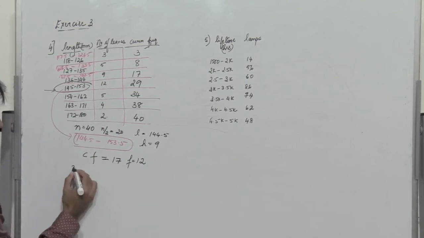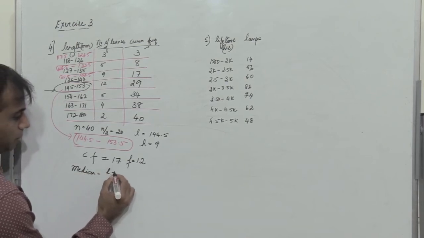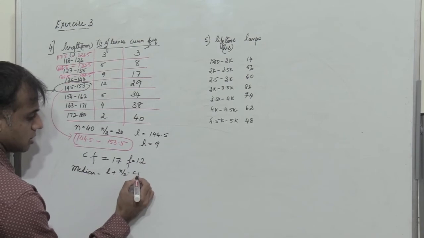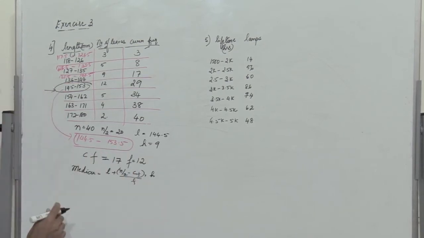Okay, so we know that the median value is equal to L plus n by 2 minus CF divided by F into H. So I'm writing the formula so that you are well aware of the formula when you solve the problem. So there's no confusion there.